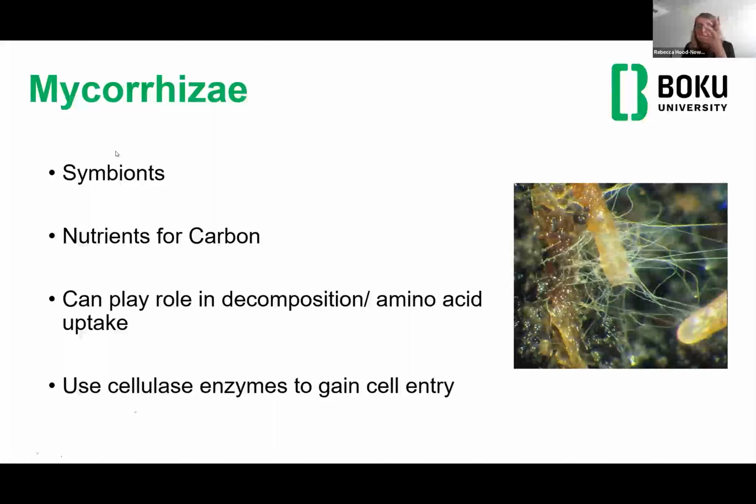Mycorrhiza, these are fungal symbionts. They basically trade carbon for nutrients. They can play a role in decomposition and amino acid uptake. Basically, they're a whole different world of microbes, which I'm sure we'll learn about at one point.